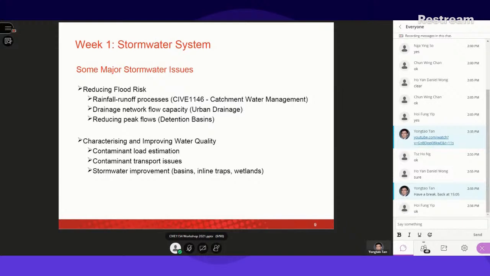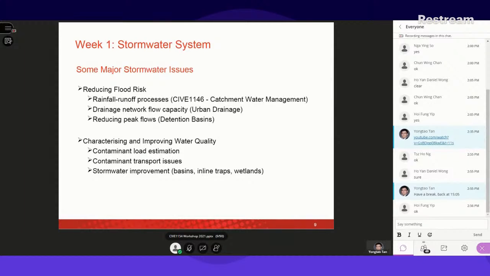What are the objectives of best practice stormwater quality management?